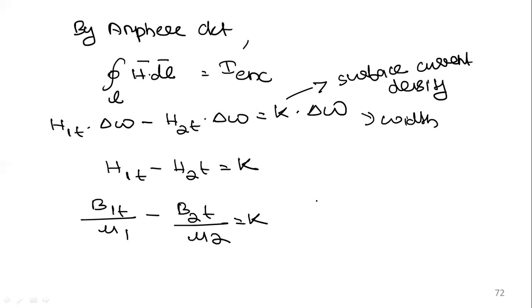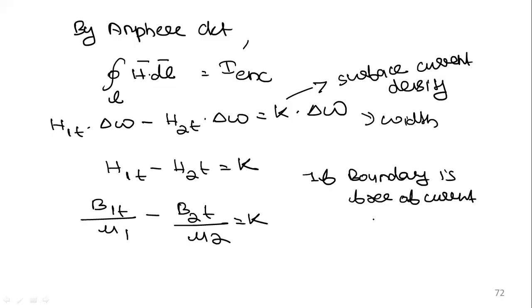If the boundary is free of current, that means surface current density is not there, K equal to 0, then the equation will be H1T minus H2T is equal to 0 for the tangential component.